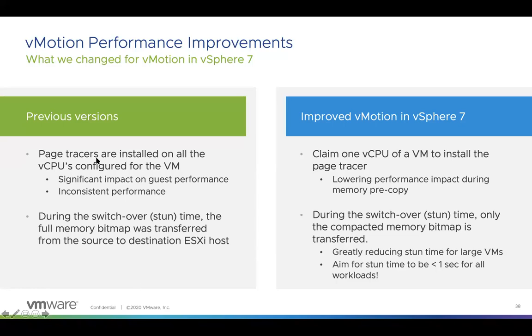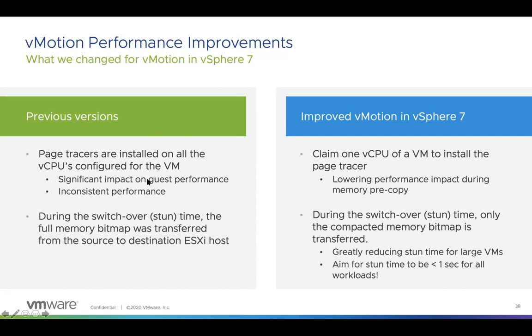we have something called page tracers. When we are doing a vMotion, we trace certain specific data pages which we need to transfer from one host to the other. We used to install that page tracer at every vCPU of the VM. And this used to impact some performance on the guest, and that's the reason why there was some kind of slowness and stun times were higher in the previous version.